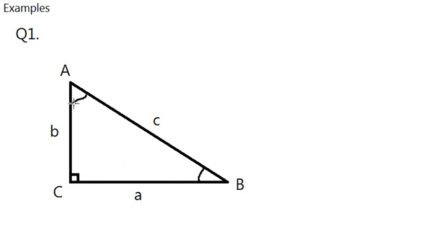So you can label the right angle as angle C, which is opposite the hypotenuse, because normally in math we label angles and the sides correspondingly.